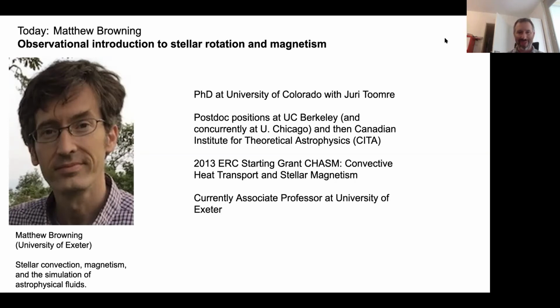And he was awarded the ERC Starting Grant in 2013 for convective heat transport and stellar magnetism. And he is now an associate professor at the University of Exeter. And he works on stellar convection, magnetism, and the simulation of astrophysical fluids. And that's what I wanted to say. Take it away, Matt.